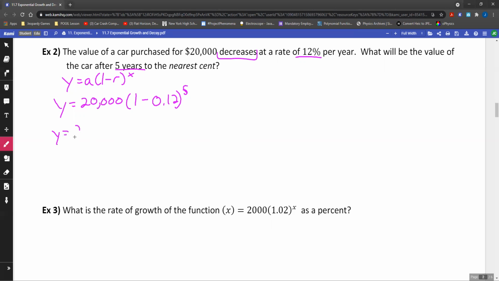So this is actually going to be rewritten as 1 minus 0.12, 0.88. So plugging this in, we end up getting this, which if we're rounding it to the nearest cent, I'm going to round that number up.